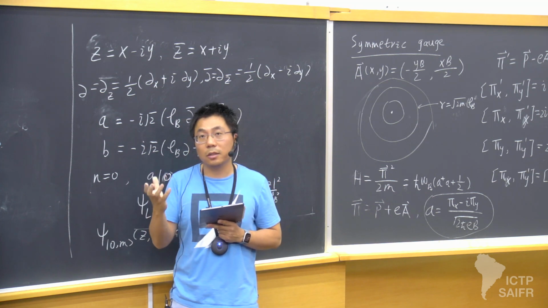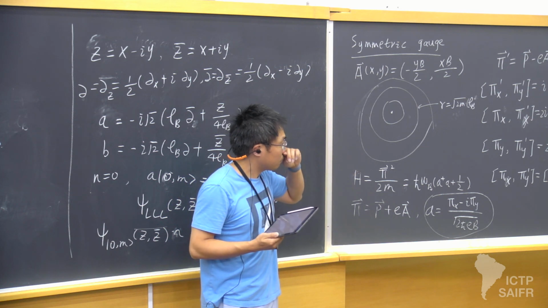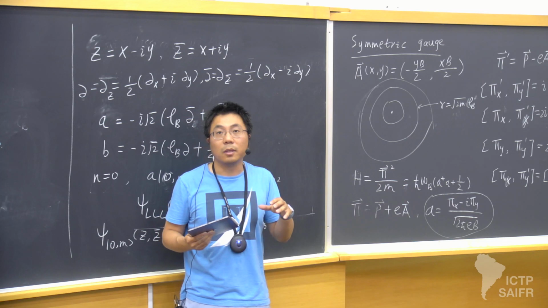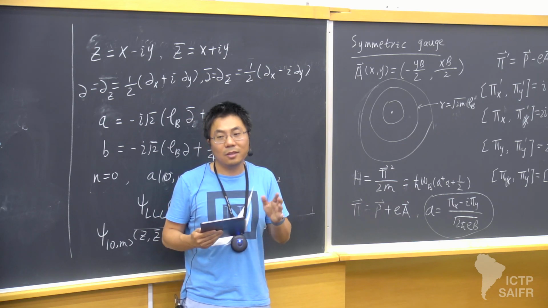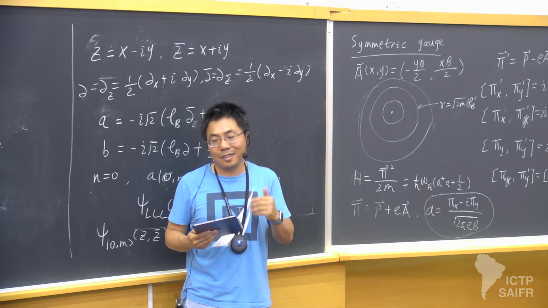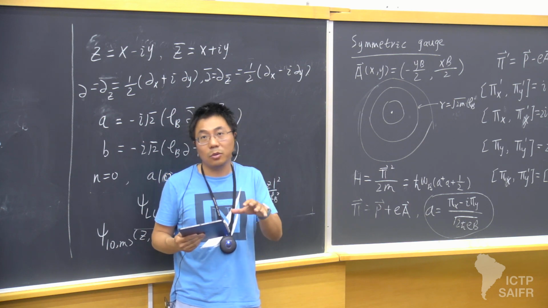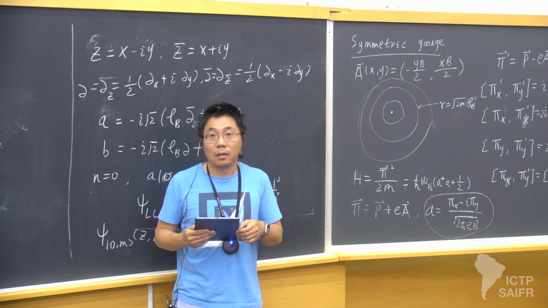The Hamiltonian is rotation invariant, so the solutions of my Hamiltonian will have this good quantum number, angular momentum. It comes from the gauge, but because the system has a symmetry, we are allowed to do so. Okay, thank you.